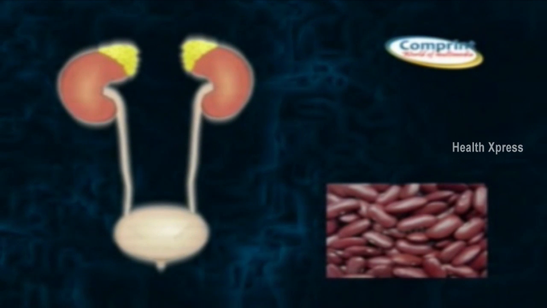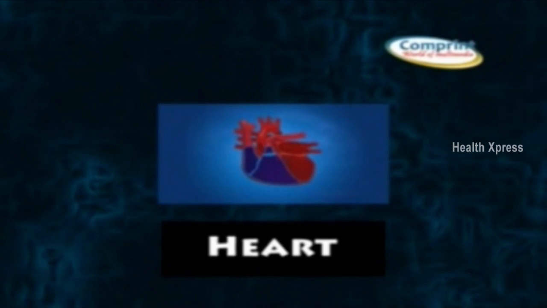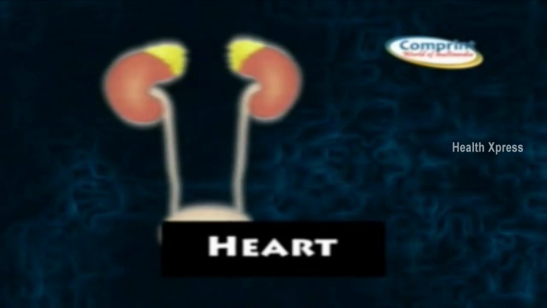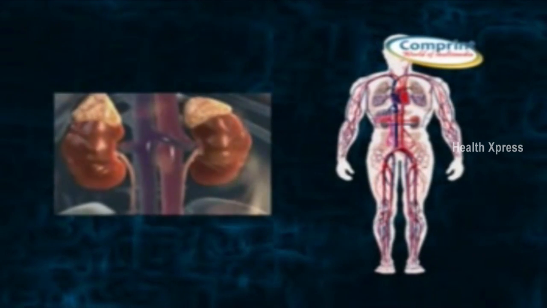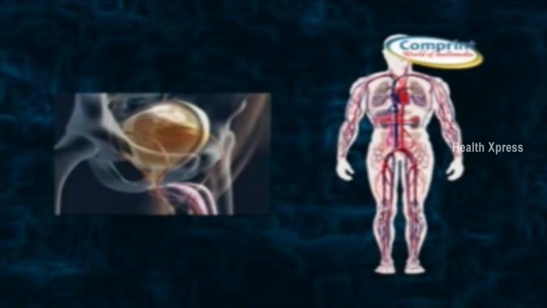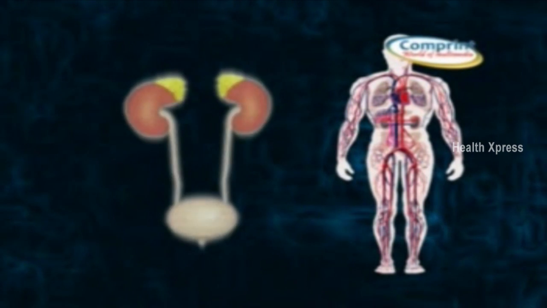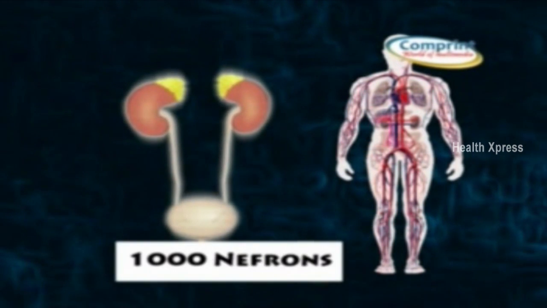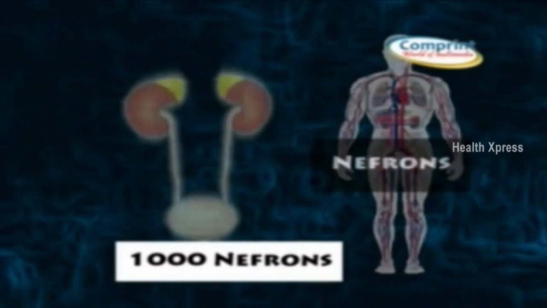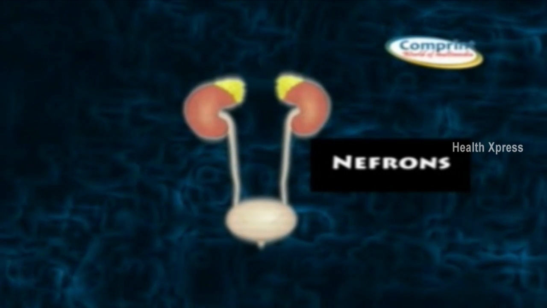When the heart pumps the blood, it flows to the kidneys, which carry unwanted water, minerals, urea and uric acid. Kidneys have about 1000 nephrons. Nephrons are the filters of the kidneys. These nephrons filter the blood and make it pure.